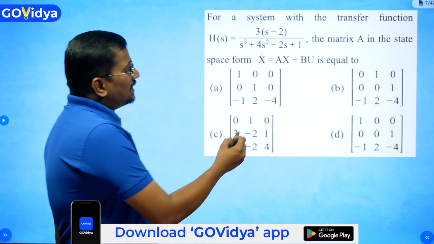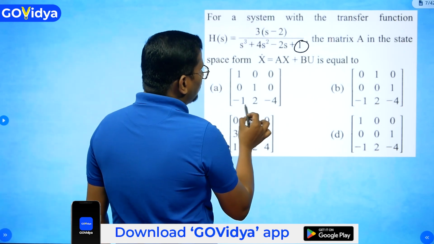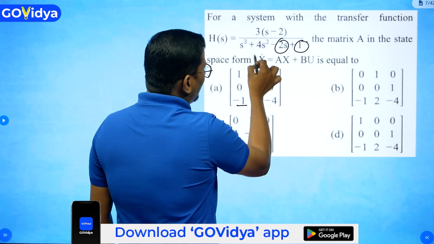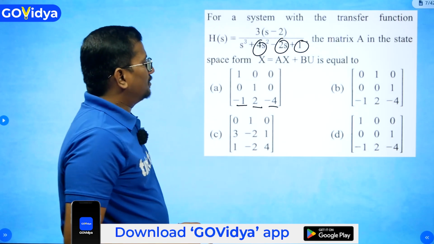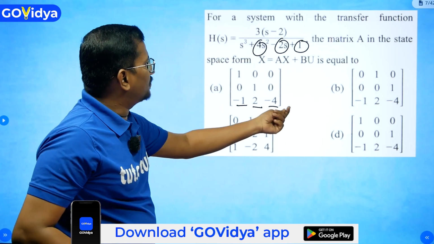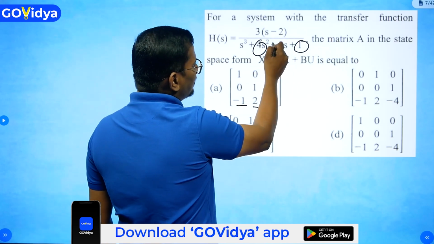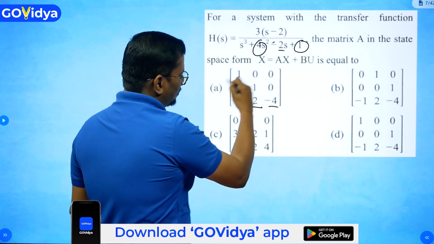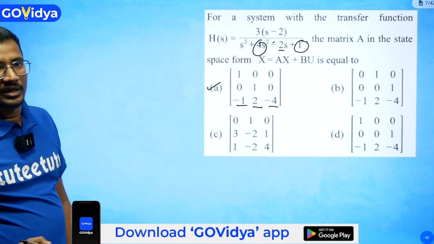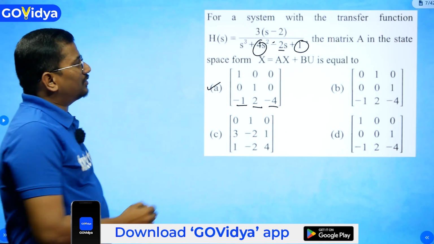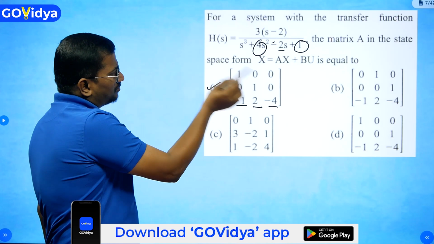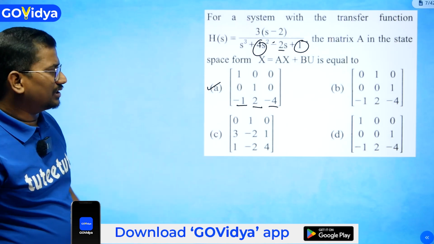So straight away we can say minus 1, minus 2, minus 4. Even though it is plus 2, it will become minus of minus, right? So this is the answer. Such questions you have to solve within 1 or 2 seconds. Straight away we have to see that.